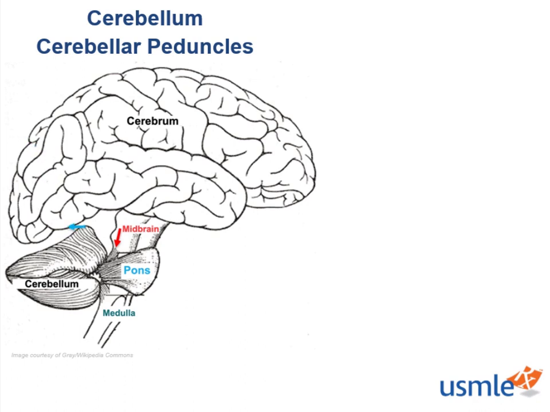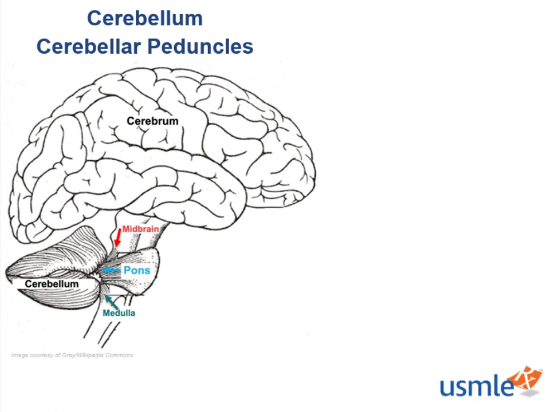The blue arrow indicates the middle cerebellar peduncle, which connects the cerebellum to the pons, the middle aspect of the brainstem. The green arrow indicates the inferior cerebellar peduncle that connects the cerebellum to the medulla, the most inferior portion of the brainstem.